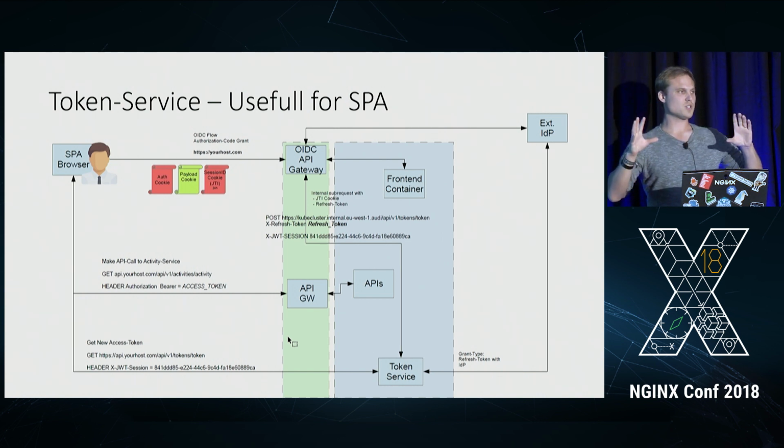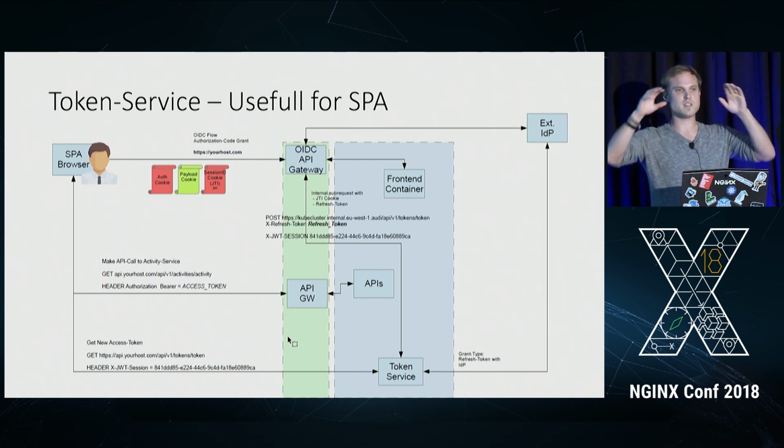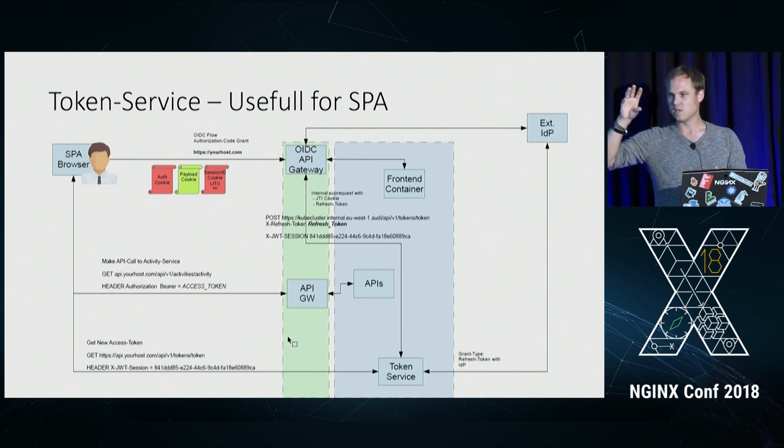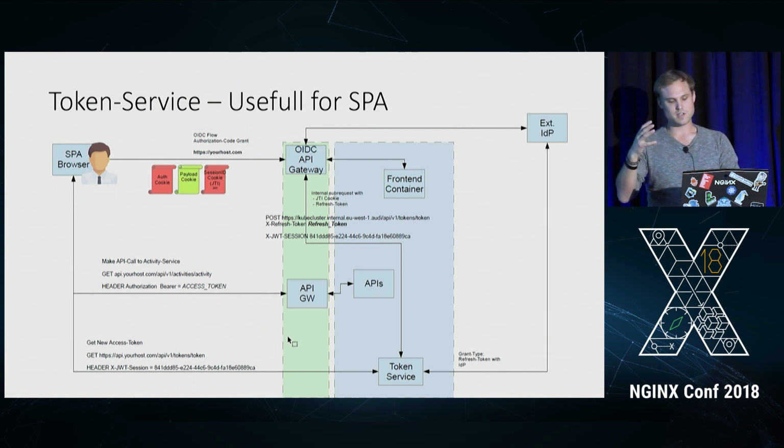The single page application is based on React, and you will not reload the page every 5 minutes. So you will stay stable, not reloading the page, but doing API calls anyway. So what I did is I used the different functionalities of NGINX Plus and a little microservice based on Spring Boot, doing the following.